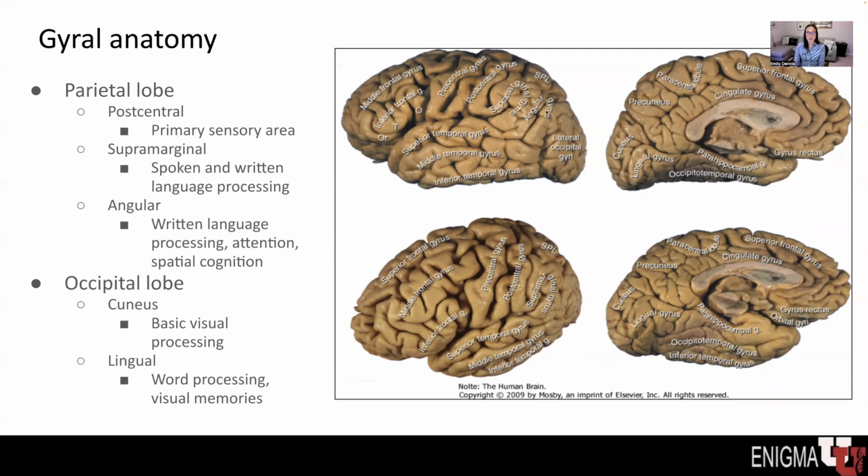The angular gyrus, which also is important for written language processing, but also attention, spatial cognition, a wide number of things. And then in the occipital lobe, we have the cuneus, which is where the most basic visual processing occurs, and the lingual gyrus here, which is part of the word processing system, and also is important for visual memories.